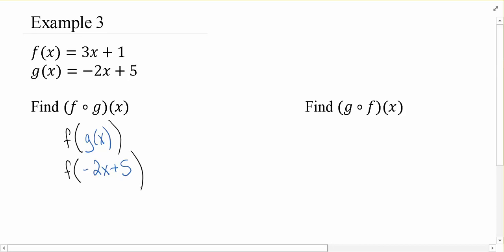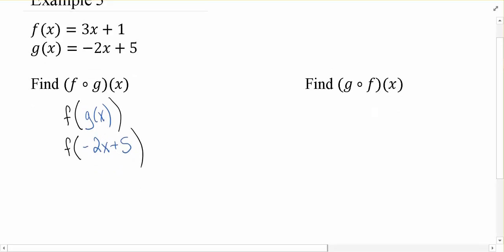Now, the only hard part is to make sure that we understand what's going on here. So what I want to do first is look and say, well, what if I didn't have that stuff in blue? What if I just said f of blank? What is the f function telling me to do? So if I look up at the f function and say, instead of f of x, what if I just had a big blank here?